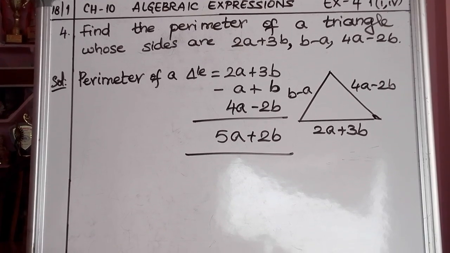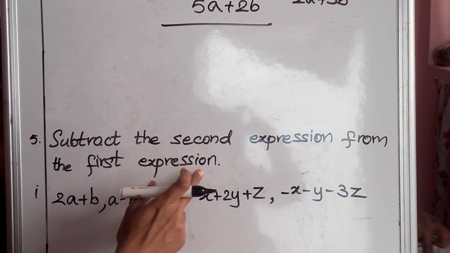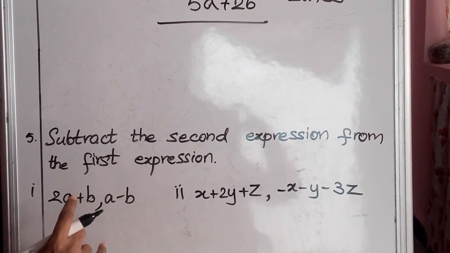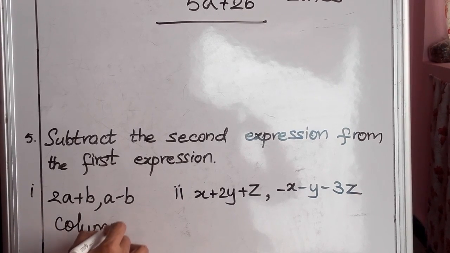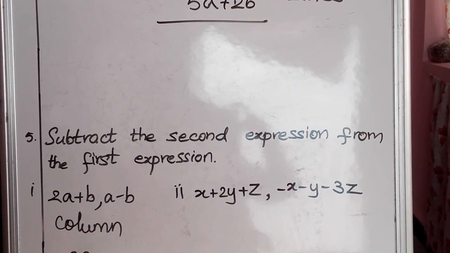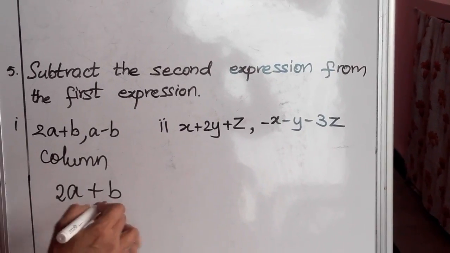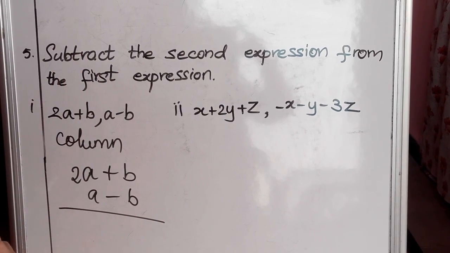Okay, let us do the fifth one. Subtract the second expression from the first expression. So two expressions are given. We are going to use the column method. So let's write 2a plus b, a minus b. What are we doing here? Subtraction we have to do.